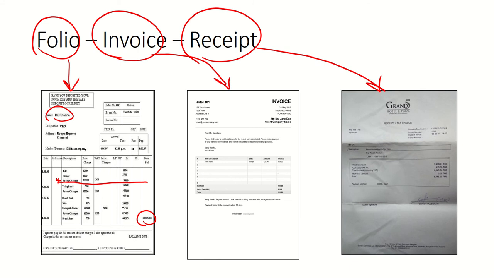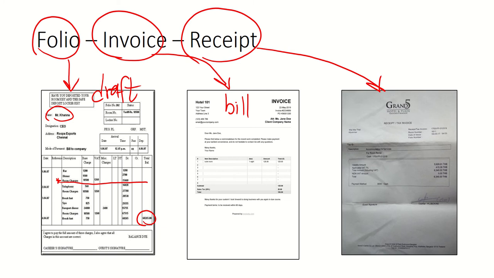First, it must be a folio, and then an invoice or a bill. I'm sure that all of you understand a bill, and also you know the difference between a bill and a receipt. A bill is also a list, but it is an almost complete one. The folio is like a draft.